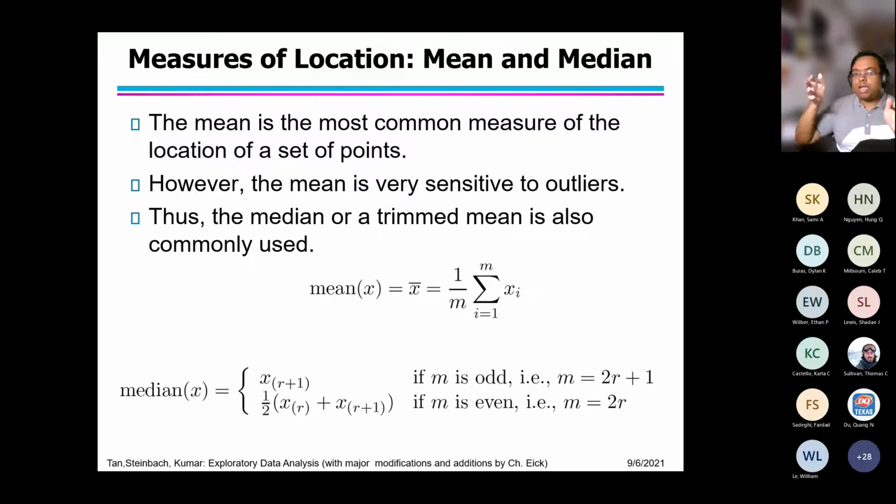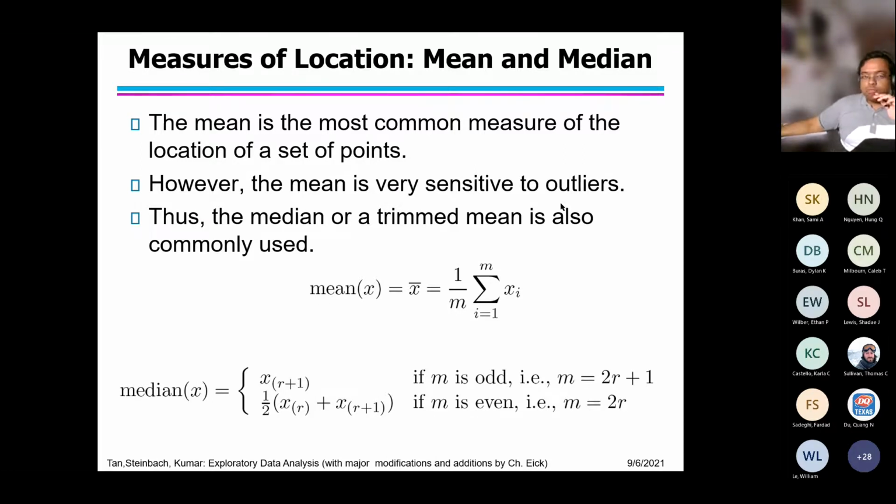Massive outliers will pull your mean towards the outliers, right? So you can't always rely on means, and in those cases, the median helps. No matter what the outliers are, the median will tell you where the center of the data is.